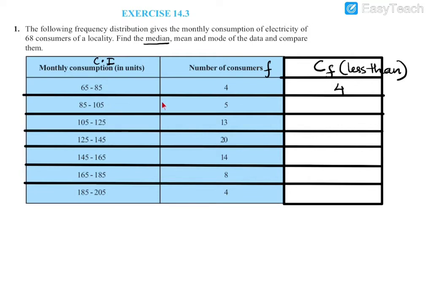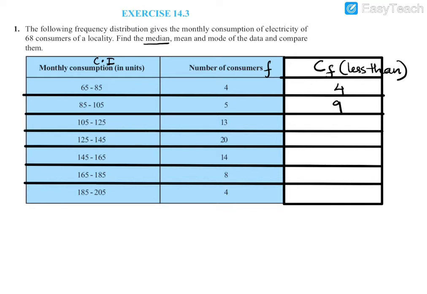For the second class interval, we have to find cumulative frequency for less than 105 units. That means number of consumers having consumption less than 105 units. So that will be 4 plus 5 equal to 9.